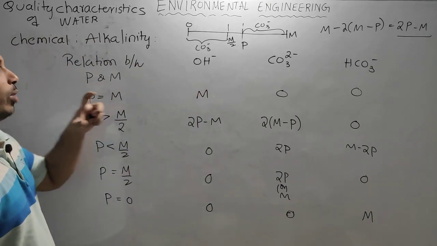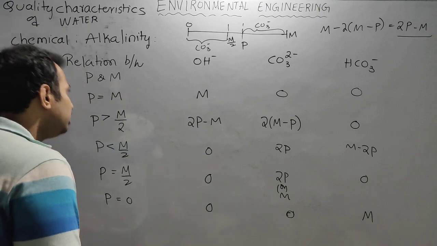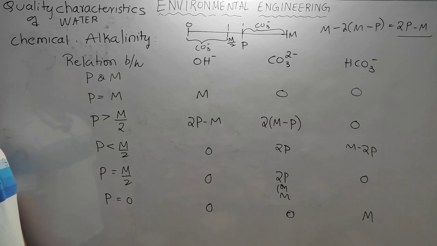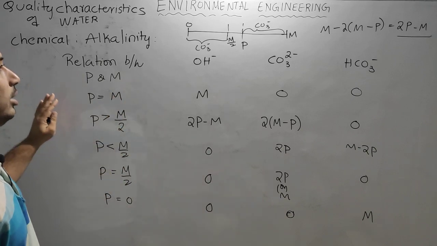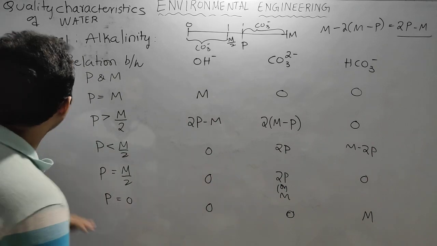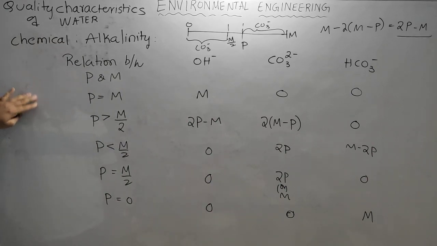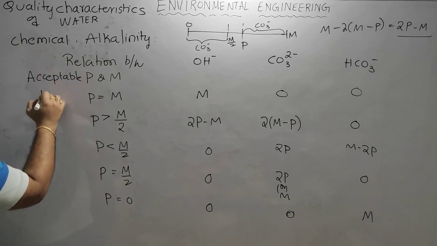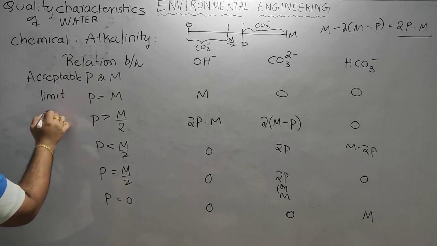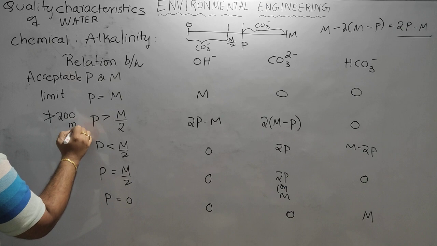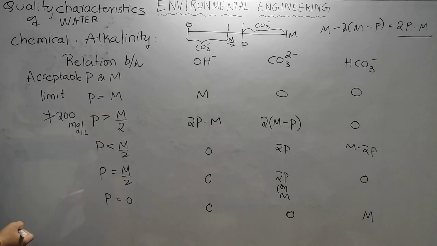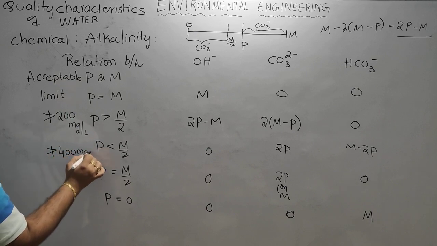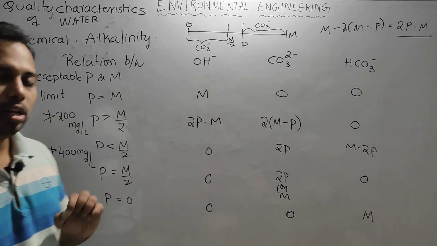So these are the different values of alkalinity for different conditions of P and M, or different relationships between P and M. So this is about alkalinity, and as per the IS 10500:2012 code, the acceptable limit of alkalinity should not be greater than 200 mg per liter in ideal conditions, and it is relaxed up to 400 mg per liter under unavoidable conditions.